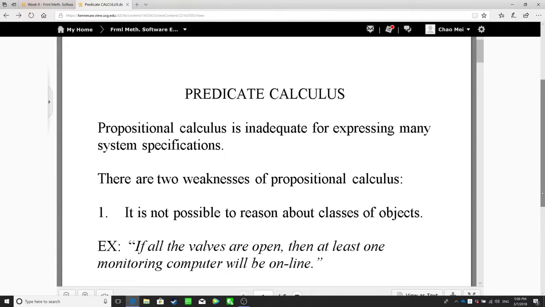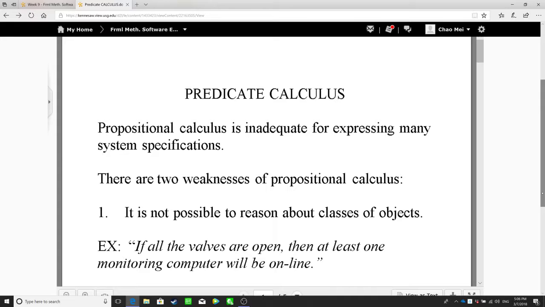So basically, what is the predicate calculus? We learned predicate calculus based on the propositional calculus we learned several weeks ago, right? We all know what propositional calculus is. We have those variables connected by those operators, conjunction, disjunction, those things.